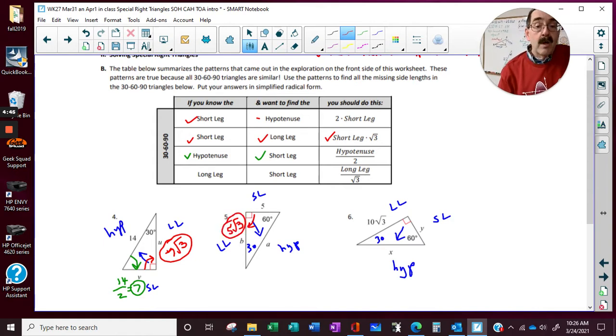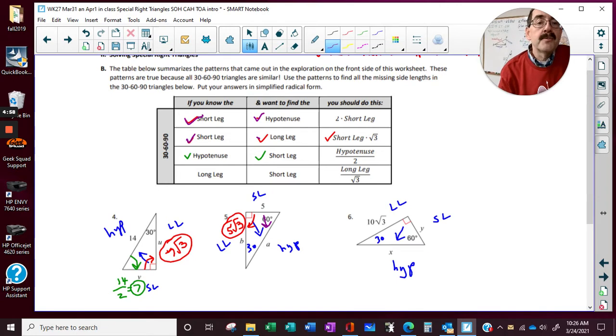Now from the short leg to the hypotenuse, just double it. 5 times 2 is 10. Pause the video. You try the last one.